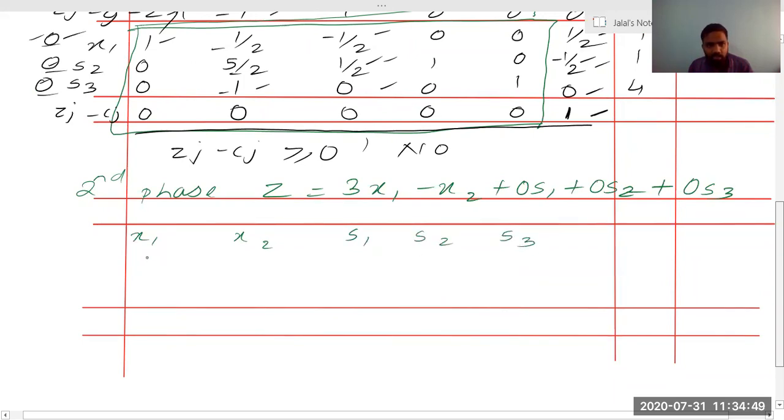Now what are the values that I got from the last iteration? 1, 0, 0. 0, 1, 0. I'm just copying it. 0, 0, 1. What is this value? I think it was half. Half or minus half? Half. This was 5 by 2. Just check it once. This is minus 1. This is minus half. This is half. This is 0. Copy all the things as it is, except don't copy this.